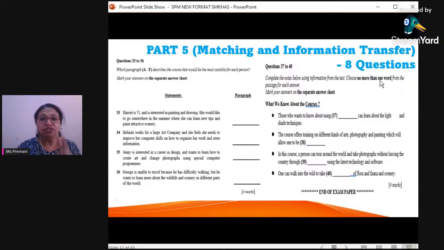But the question instruction says one word, which means you have overdone it. Based on the instruction, you must identify only one word to be chosen as the answer. But what you did, you took two. It means your ability to read and identify the particular word is low.